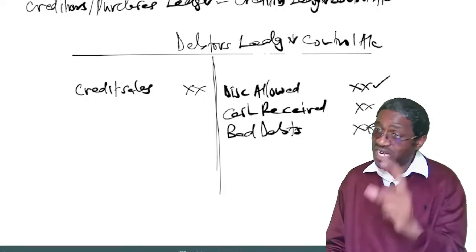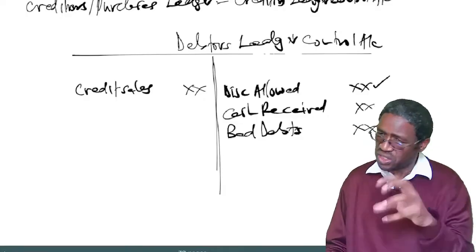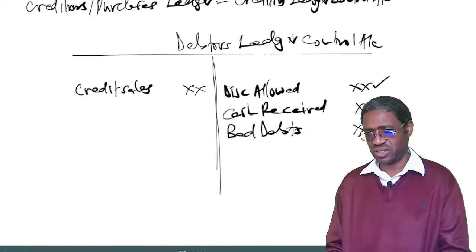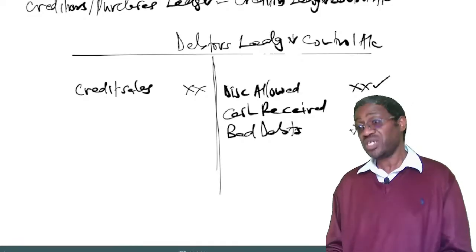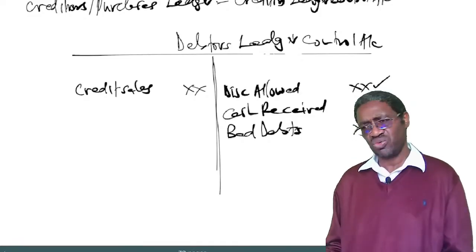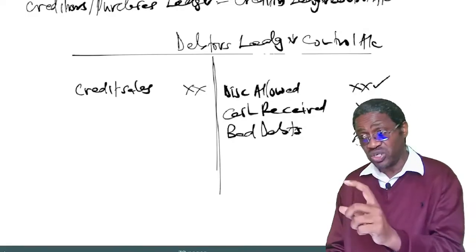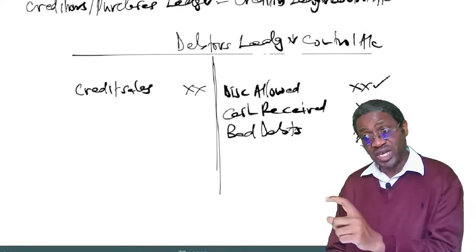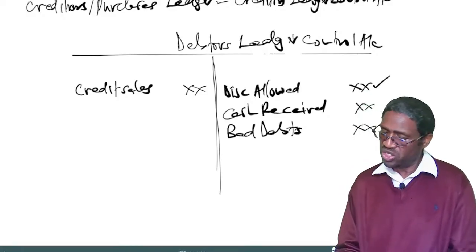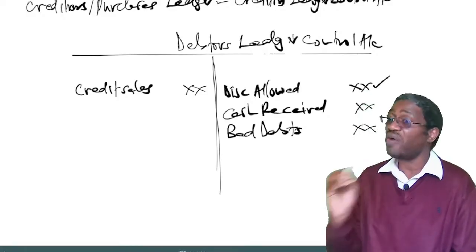When you sold the goods to the customer, you debited debtors with the credit sales. If the customer returns some of the goods, you will have to reduce what the customer owes you. To reduce what the customer owes you, you have to credit.